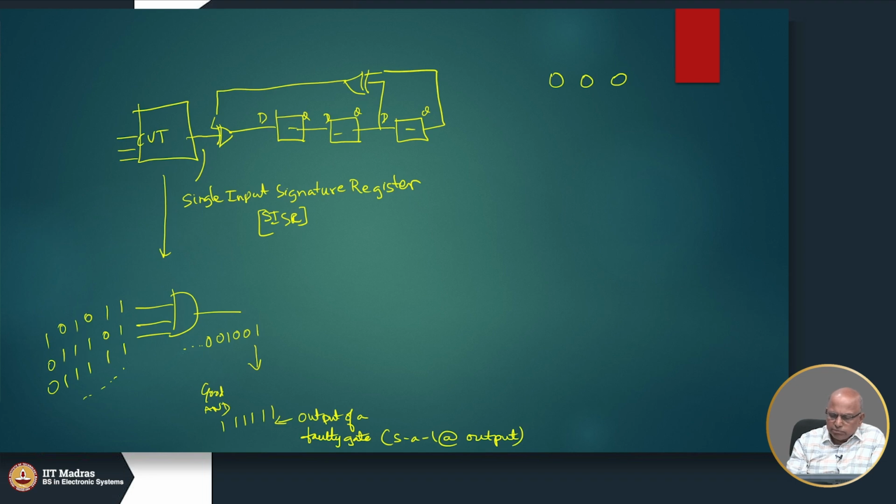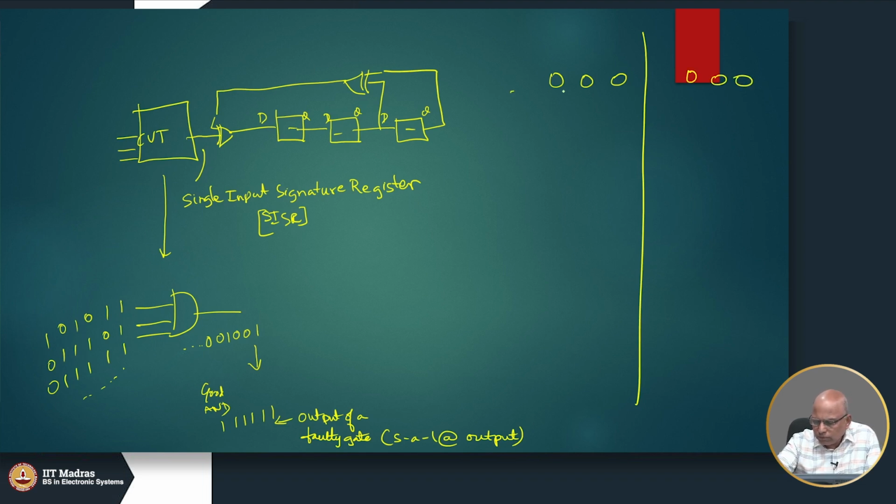Let us simulate both of them. This is the simulation of a good circuit and this is the simulation of a faulty circuit. Initially both of them have 0 0 0. Now, one comes from a good AND gate, so the XOR of these two bits plus the 1 will enter here. Then the XOR of 0 0 and 0 will enter here.